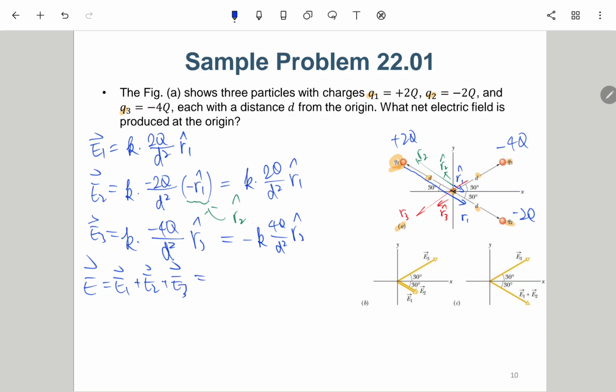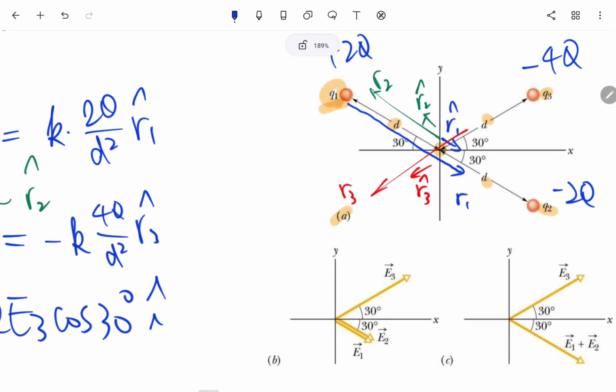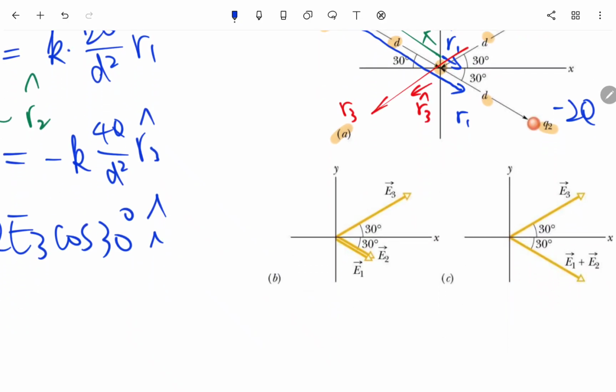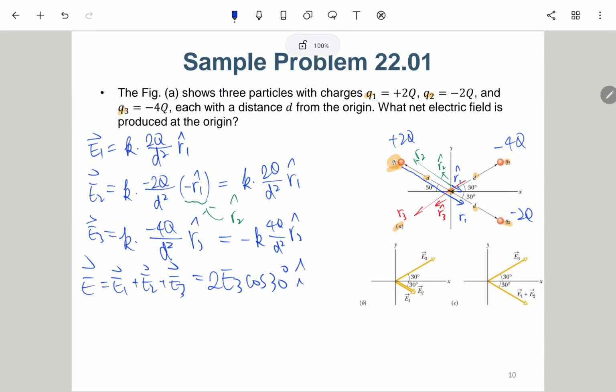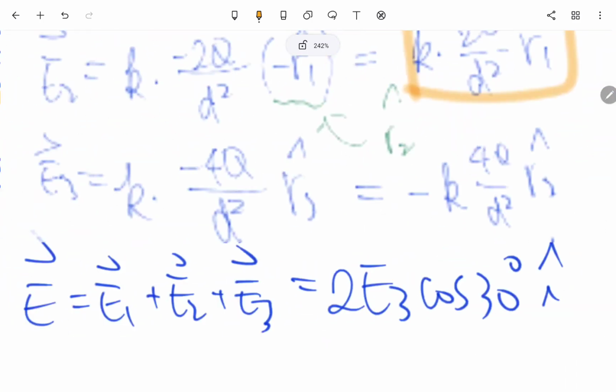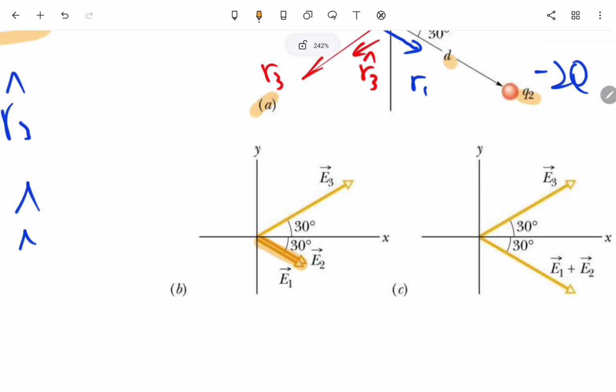Okay, so this will actually be 2 times E3 cosine 30 degrees and then i hat. Why is it like that? Okay, we can simply observe that E1 and E2 are actually the same, with the same magnitude and pointing in the same direction. So we can also draw it as something like this.